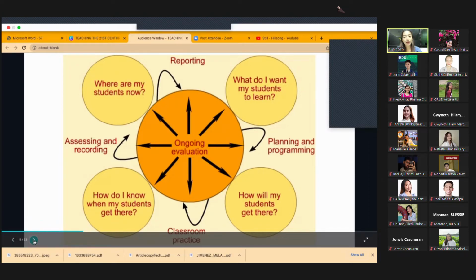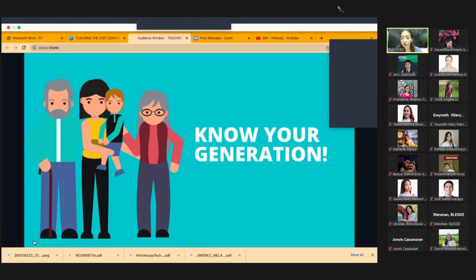Okay, and of course, a huge part of your teaching inside the classroom would come from knowing the types of students you will handle in the future. So ang title nito sa module niyo ay Teaching the 21st Century Learners.